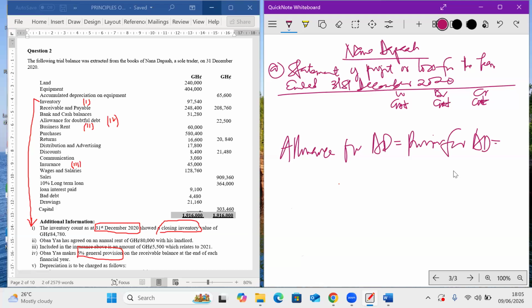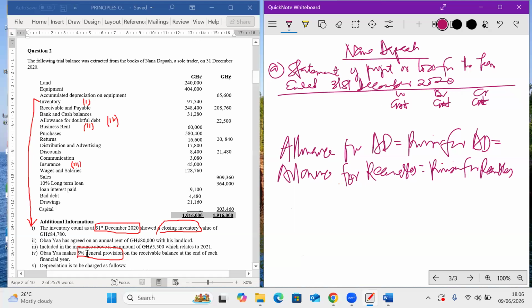It is the same as allowance for receivables. It is the same as provision for receivables. Do you get it? Yes, sir.